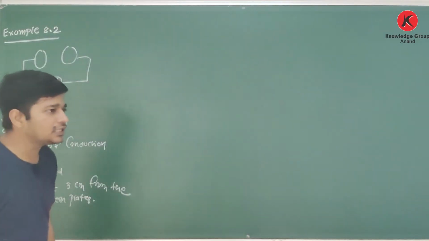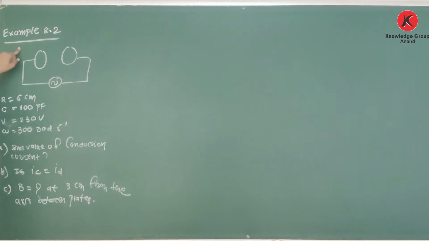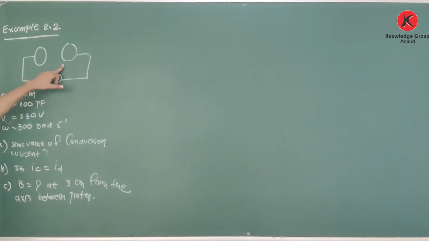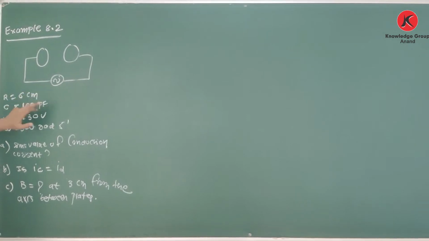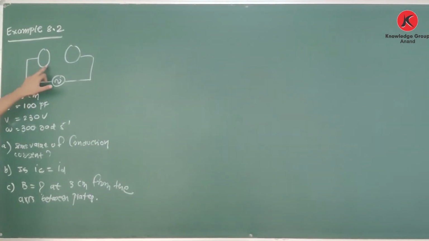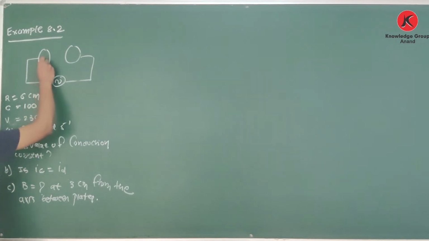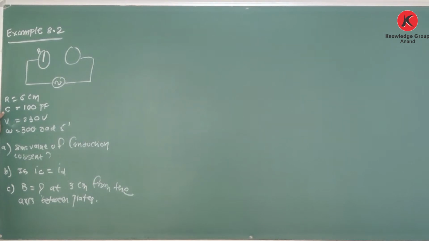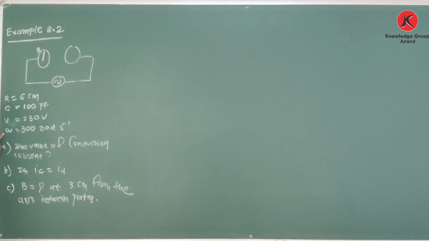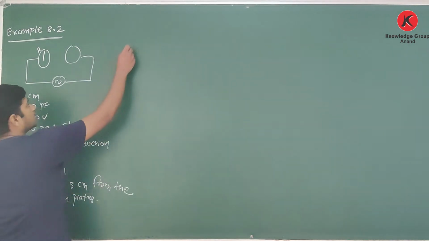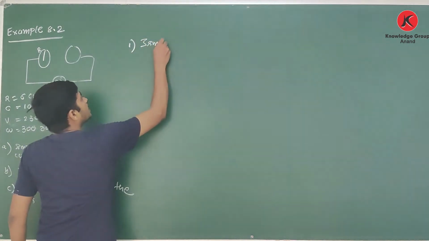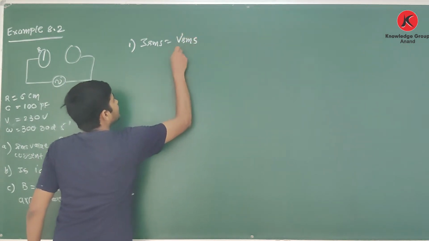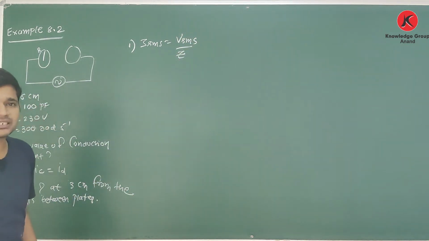Next question, exercise 8.2. You are given a parallel plate capacitor with two plates connected to an AC source. V is equal to 230 volt. Radius of the plate, capital R, is 6 cm. C is equal to 100 picofarad capacitance. Angular frequency is 300 radian per second. First, the RMS value of conduction current. How to find it? IRMS is equal to VRMS upon Z. This is a question of chapter number 7.